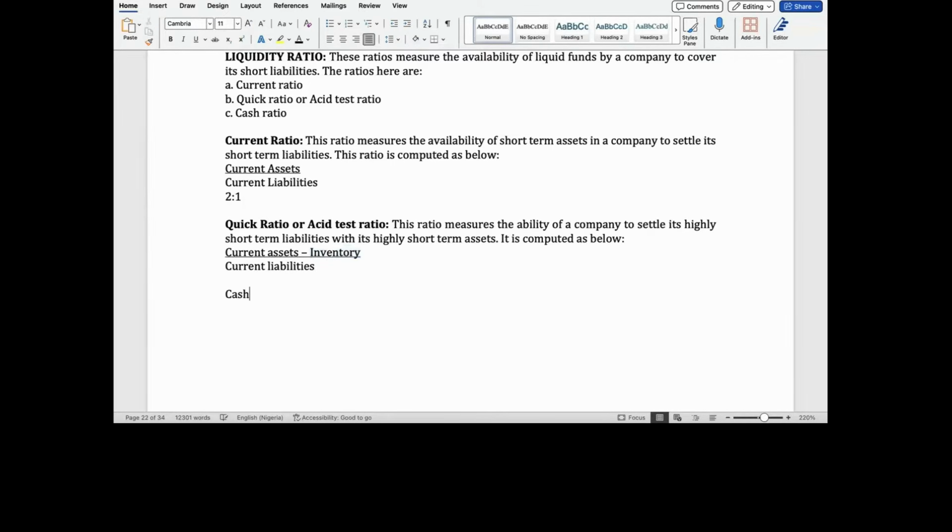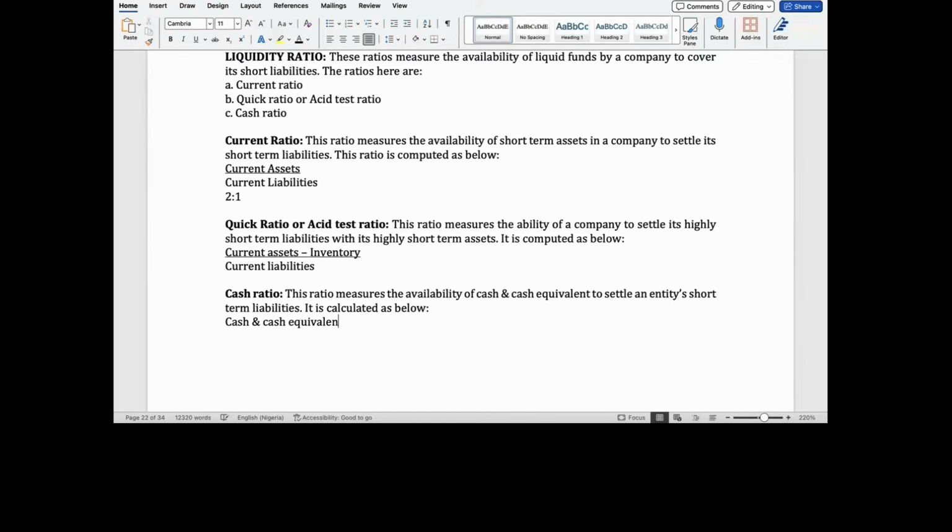Then the final one is the cash ratio. And this ratio measures the availability of cash and cash equivalents to settle an entity's short-term liabilities, and it is calculated as below.